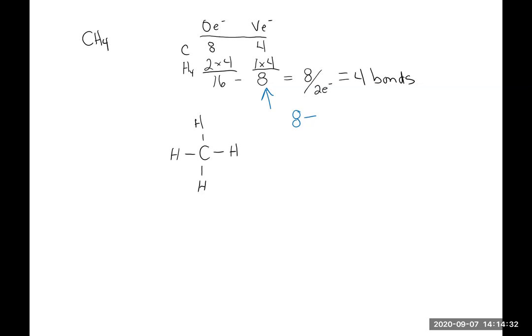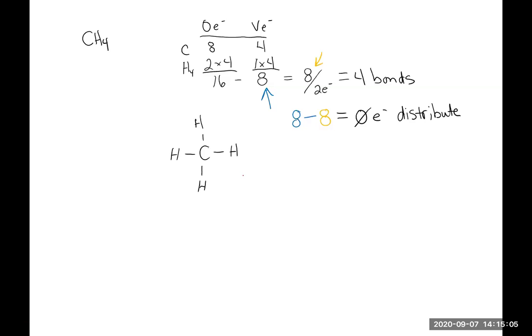And the electrons that we've used for bonds are, of course, these, which are 8. So we end up with 0 electrons to distribute around that structure. And the math is still working out. So that means that this structure is completed, and now let's just go back and calculate the formal charges.